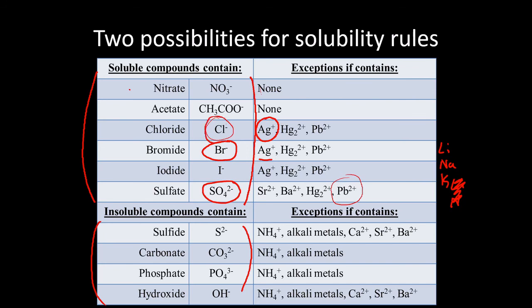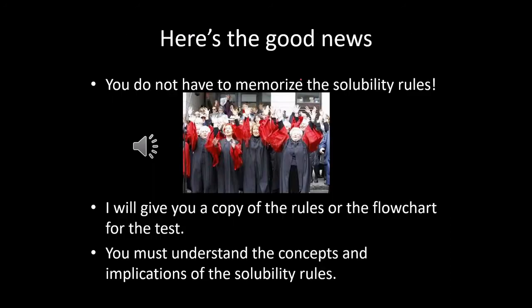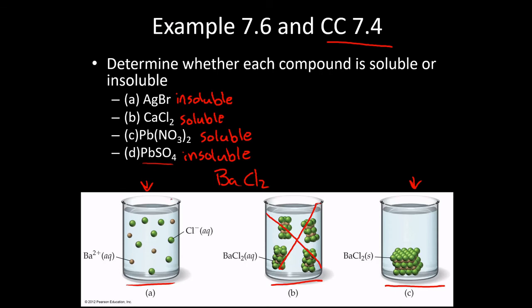Chloride is generally soluble, and barium is not an exception to that. So this is what that solution would look like. The barium and the chloride would dissolve, and it will dissociate, and get carried around in the solution by the water. It would not be a solid sitting at the bottom.